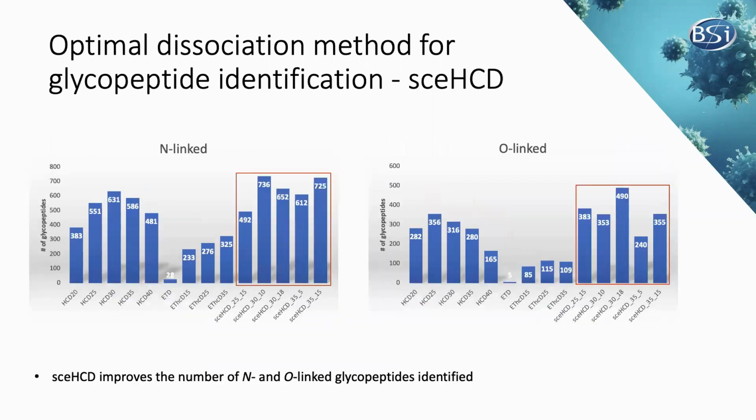And then when looking at the step collision energy, we saw a further increase in the number of glycopeptides that could be identified. So it seems like having a combination of 3 different stepped energies provides the best identification results for glycopeptides for both N-linked and O-linked.